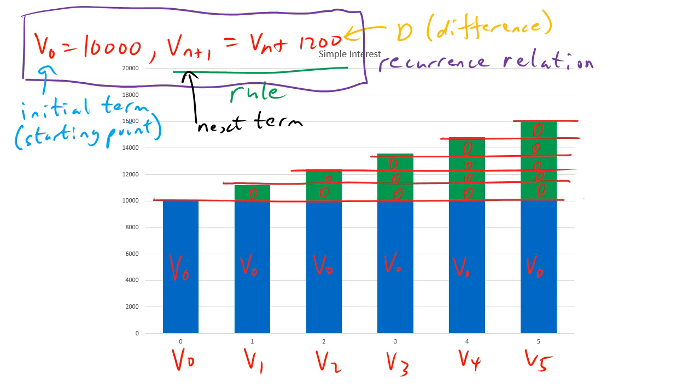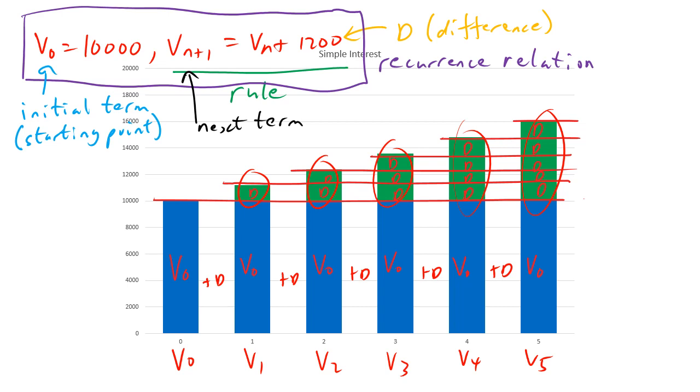Well, there actually is, because remember, every time you're just adding a d, so it's always plus d plus d plus d to get there, right? So if you look at this, V1 has 1 lot of d, and V2 has 2 lots of d, and V3 has 3 lots of d, and V4 has 4 lots of d, and V5 has 5 lots of d. Wait a minute, I can see a pattern.